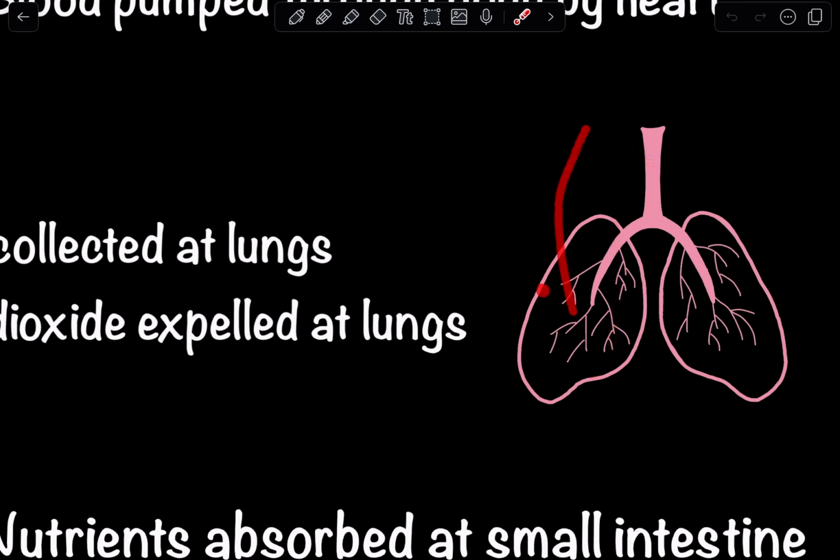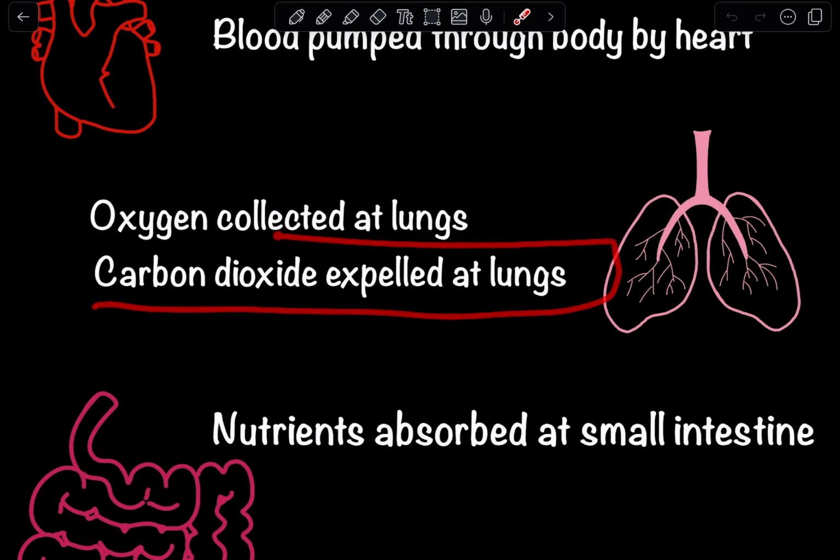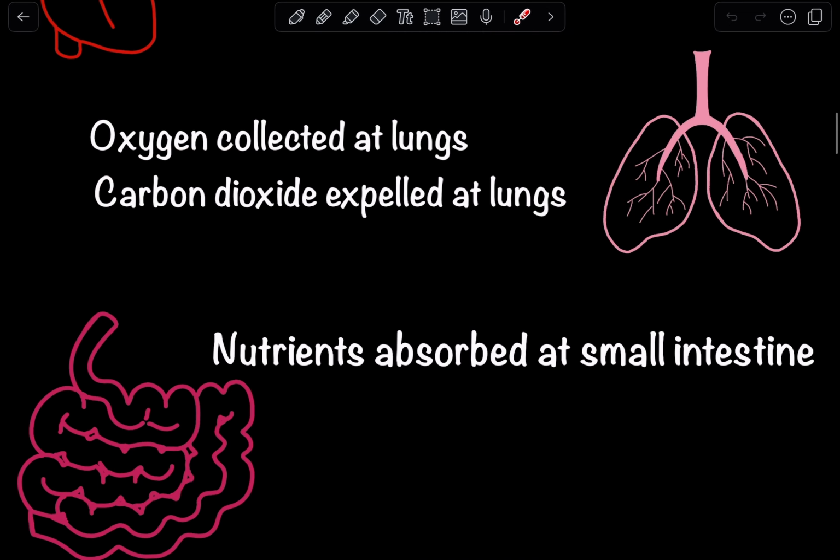And when oxygen is inhaled in, it's going to be passed on to our red blood cells. And then those red blood cells will carry that oxygen to whichever cell needs it in the body. So carbon dioxide will be expelled, and then oxygen is collected at the lungs and transferred to the blood.